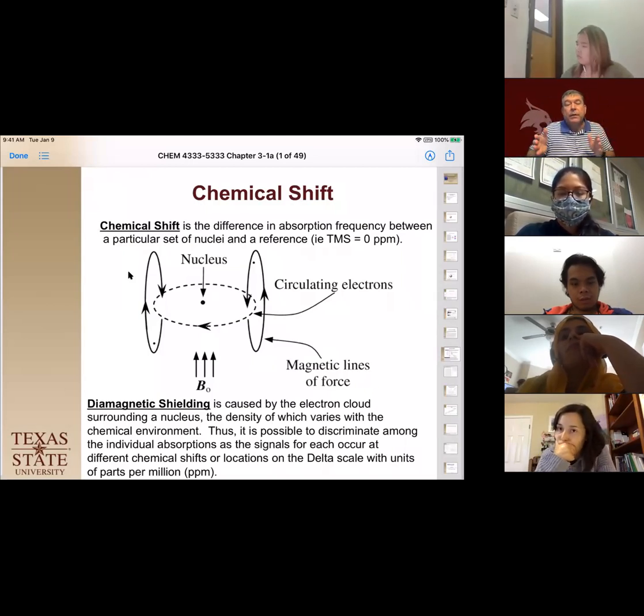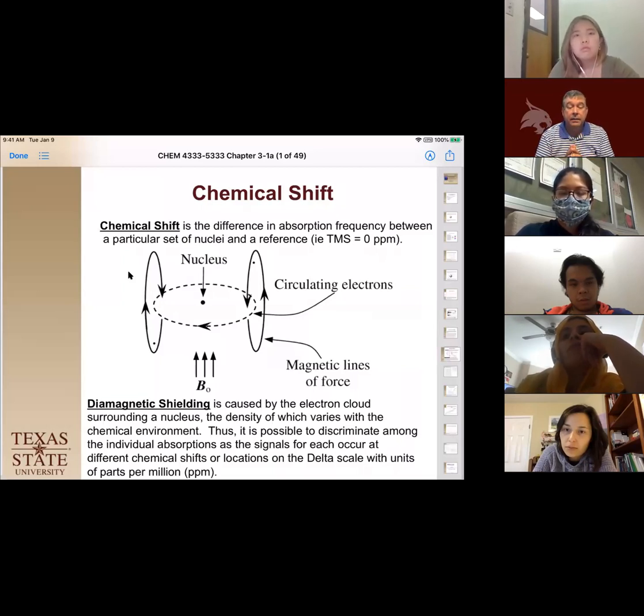Okay. So with knowing where zero is, now we're looking for protons again, hydrogen. And so the rate at which it comes back into alignment has to do with how much of the magnetic field it can see. Now, if it has a higher concentration of electrons around it that have their own magnetic fields, you can shield the nucleus from that magnetic field.